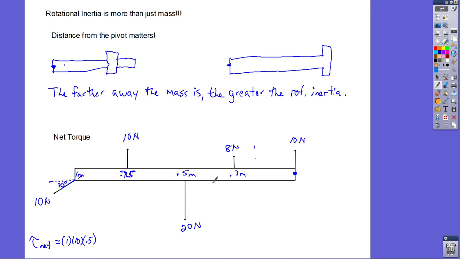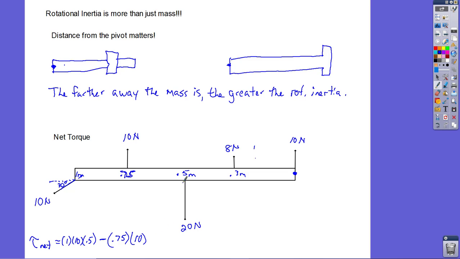Okay. If we look at this 10 Newton force here, that's going to produce clockwise torque, so that's going to be negative. And R is 0.75. Okay, this force is perpendicular to that, so it's just times 10. If you want to think of the sine of 90 degrees, that's fine, you can use that.